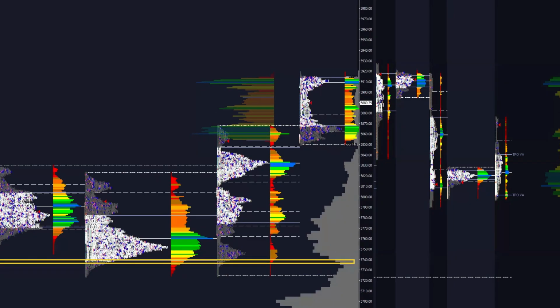We get this move up, we close up, and we have a balance top over here, somewhere like this. So if I get an excess move like this, but I fail to close this week up here, I know that this region right here has the potential to identify some kind of failure. So I can be playing the short from that area to look for the other side of the balance.